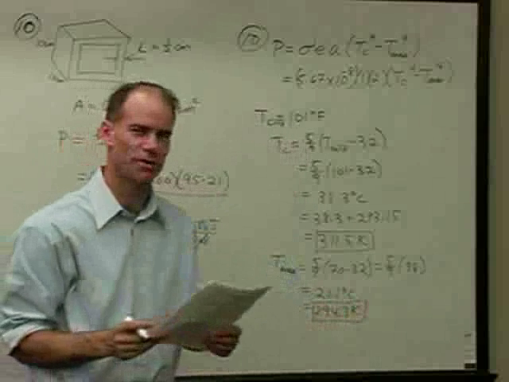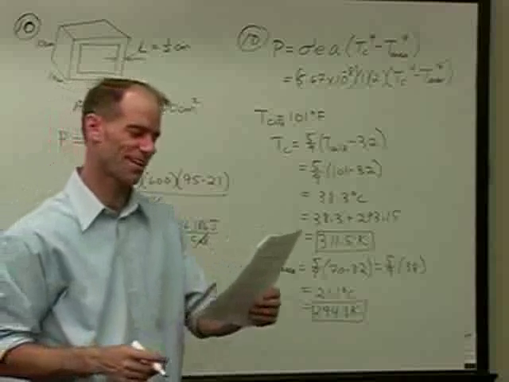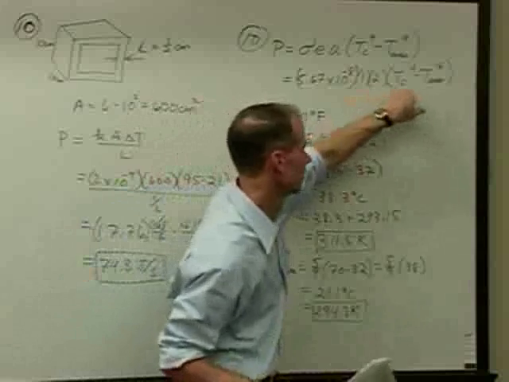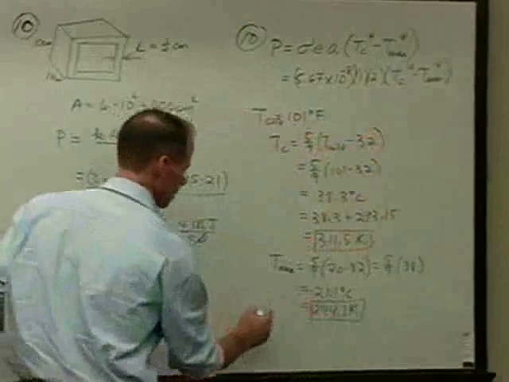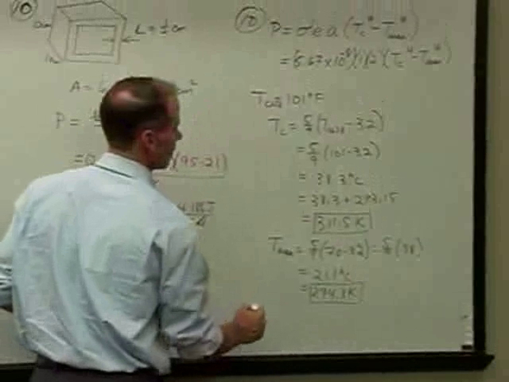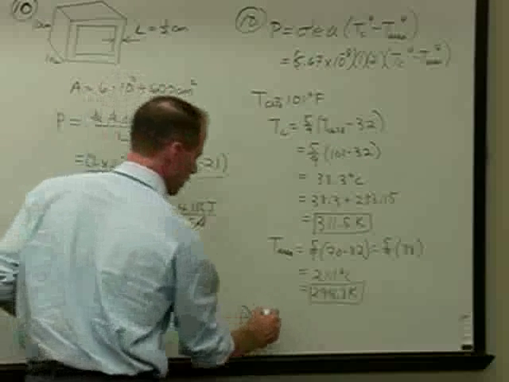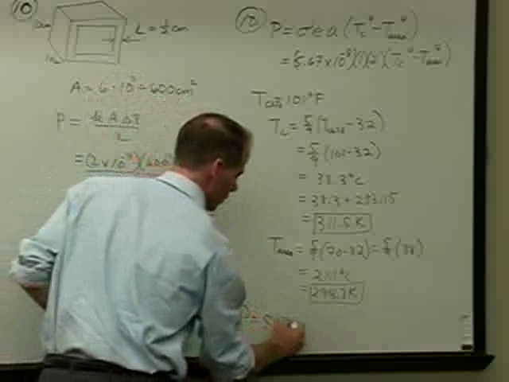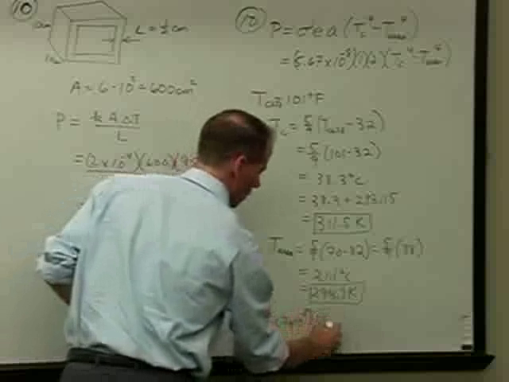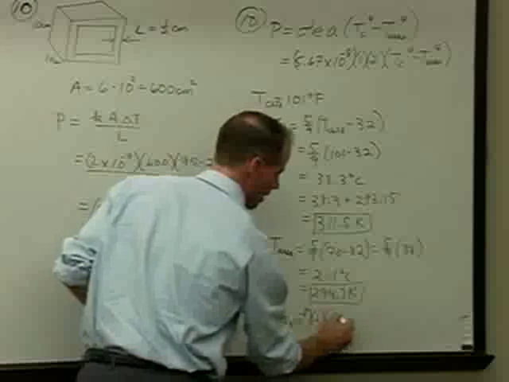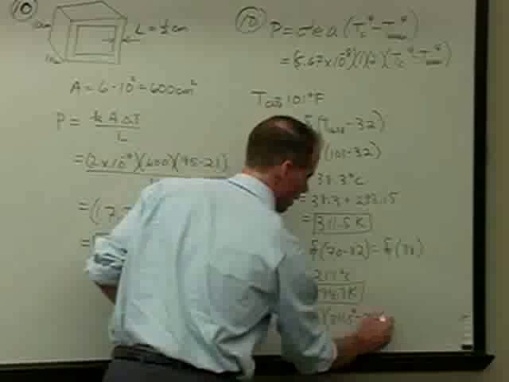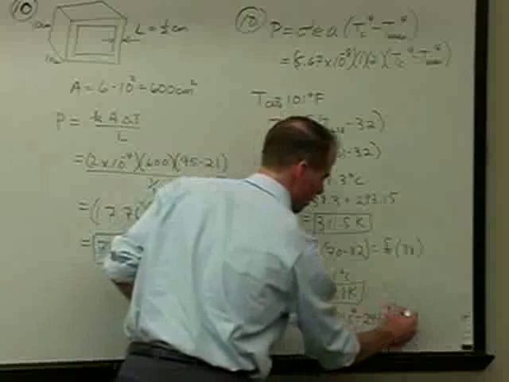Just trying to give myself a little bit of room to finish this problem here. So we have the two temperatures there. That's what we're going to put into here. And so we have power is equal to 5.67 times 10 minus 8 times 2 times 311.5 to the fourth power minus 294.3 to the fourth power.